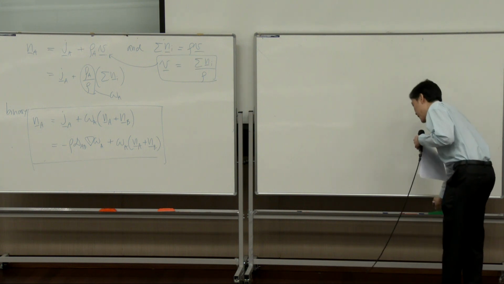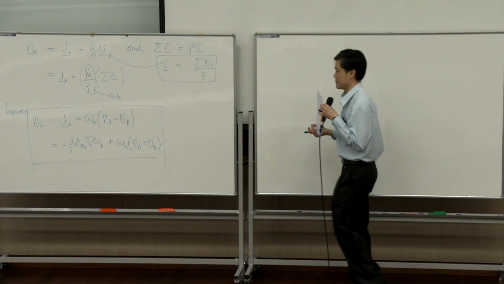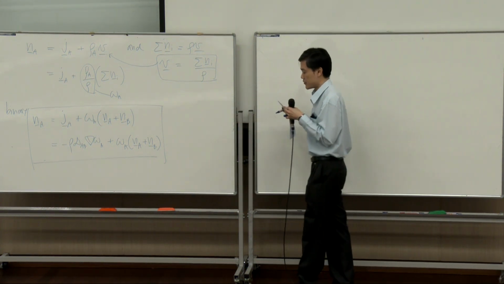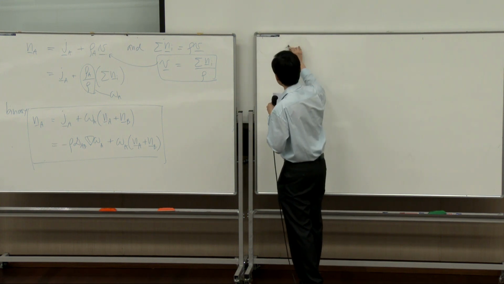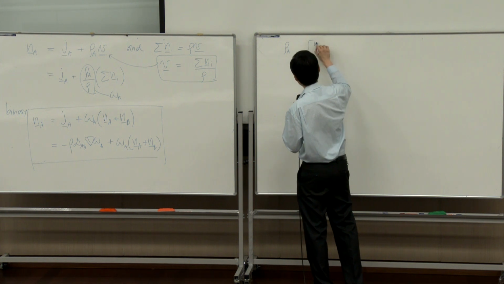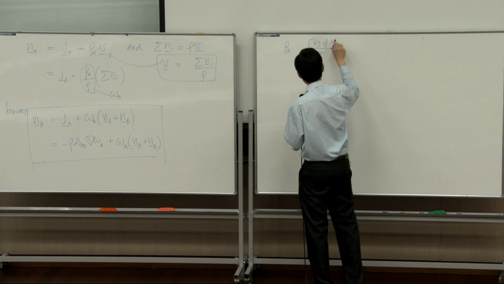Lastly, we set up everything using mass concentration. The unit here would always be mass. We start with rho A, which is mass concentration. The unit would be kilogram of A per cubic meter of the solution.